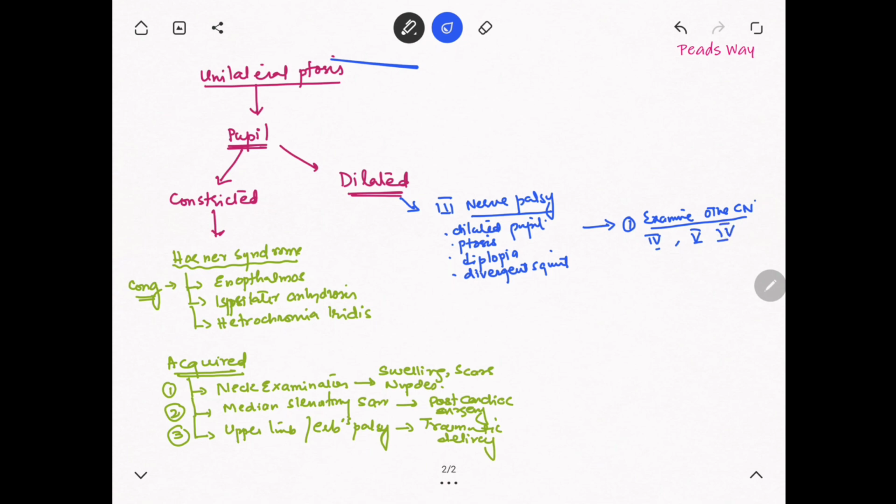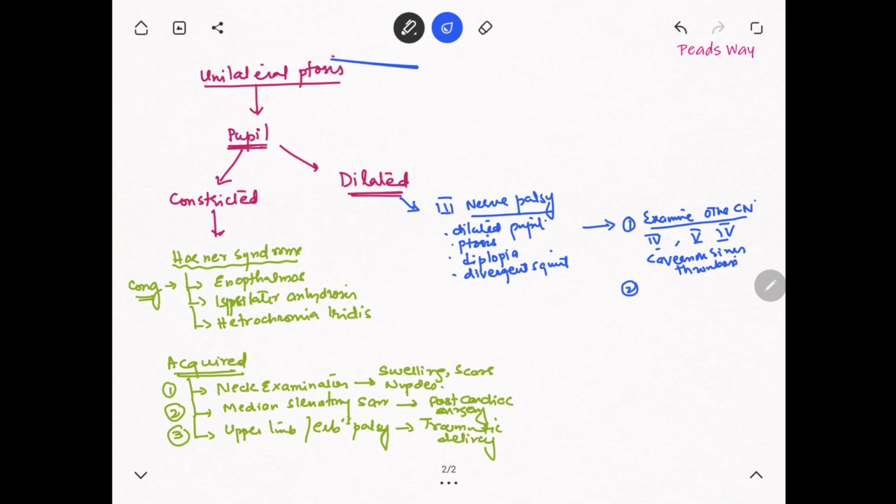These all pass through the cavernous sinus, and if there is a problem in all these, you should be suspecting cavernous sinus thrombosis, which is leading to third nerve palsy.